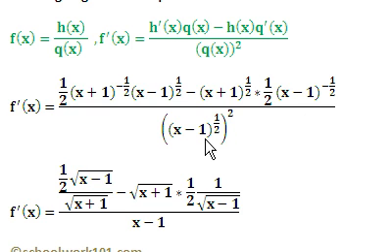And then we square the denominator, and 1/2 times 2 is just 1, so that's the reason I have just an x minus 1 here.